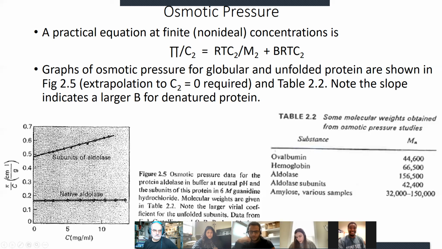We have a higher intercept, a smaller molecular weight, but notice its slope is bigger because this is under denaturing conditions. So they're extended chains. They're approximately random coils. So the compact structures have smaller virial coefficients, less excluded volume, even though it's a tetramer, than the subunits.